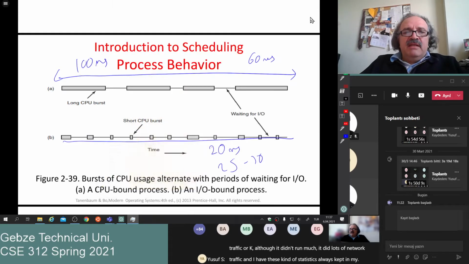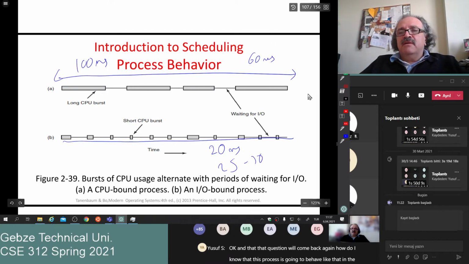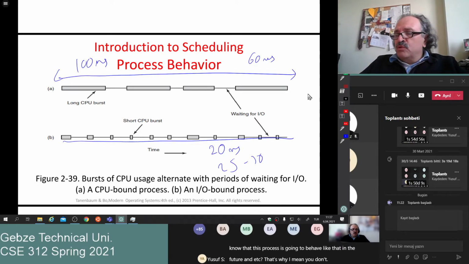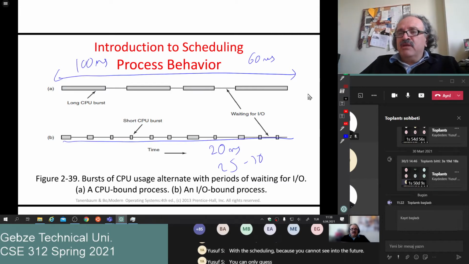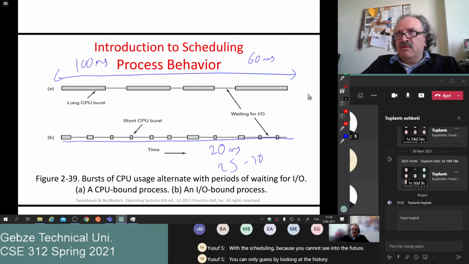That question will come back again: how do I know that this process is going to behave like that in the future? That's why you don't try to be optimal with the scheduling, because you cannot see into the future. You can only guess by looking at the history of the processes.